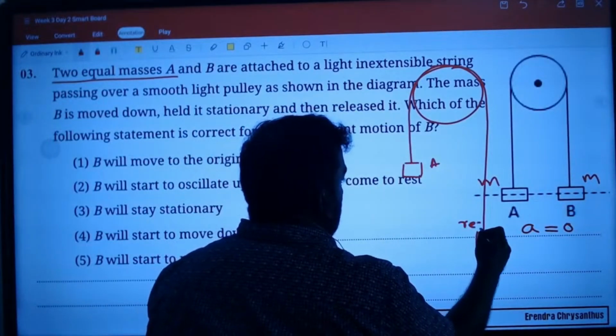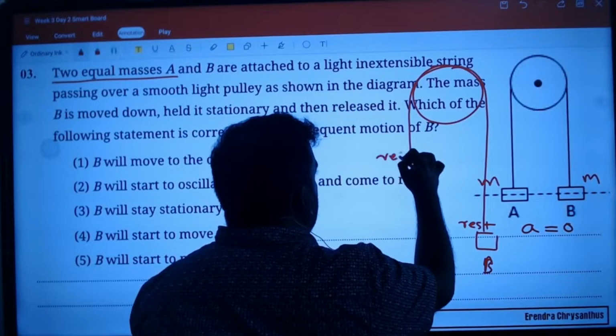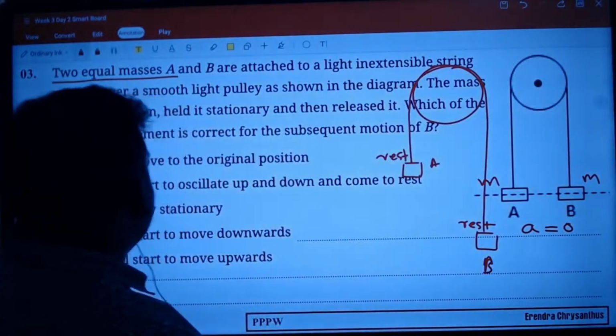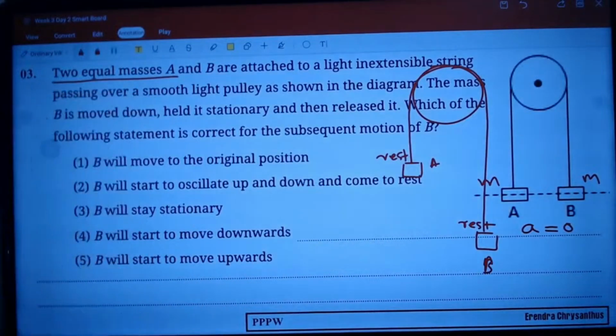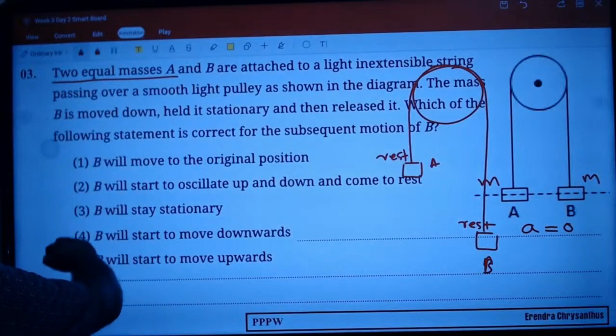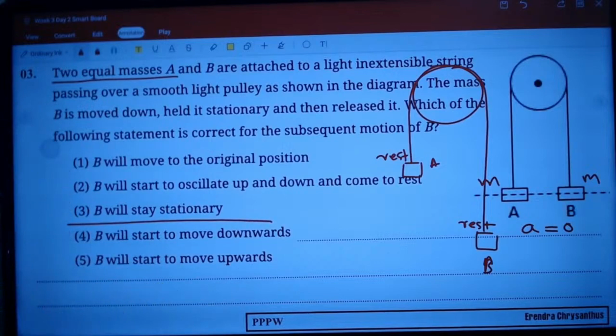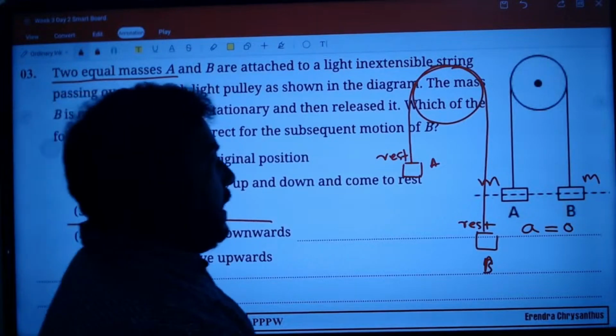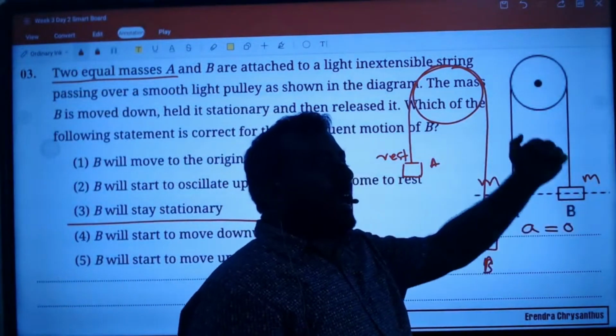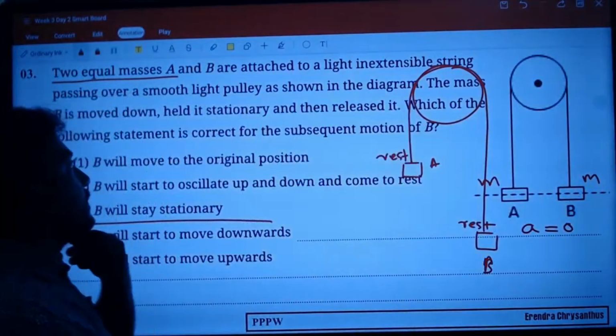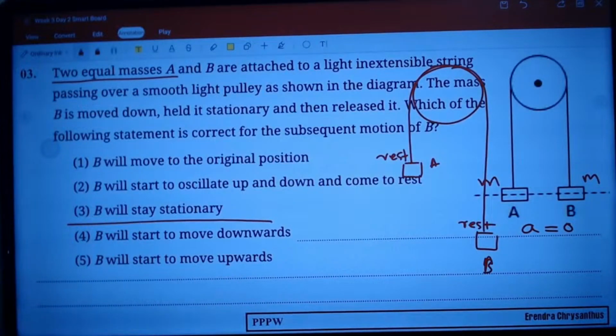So here it will be at rest, this also will be at rest, no change. B will remain stationary right there. If the masses are equal, the resultant acceleration will be 0.